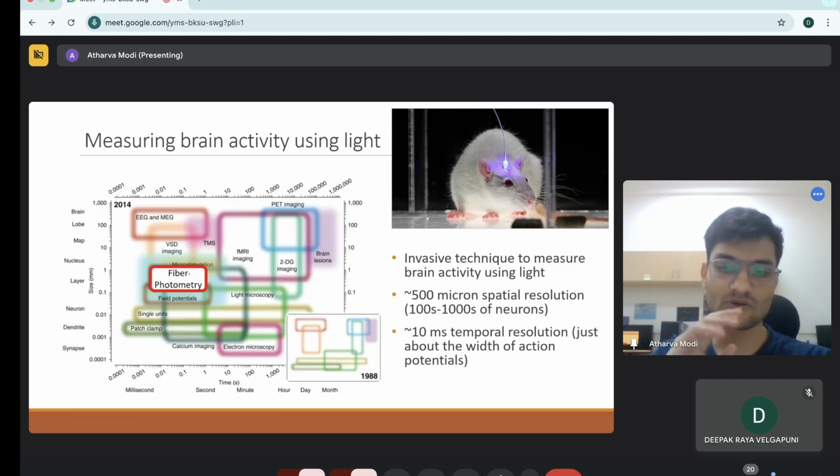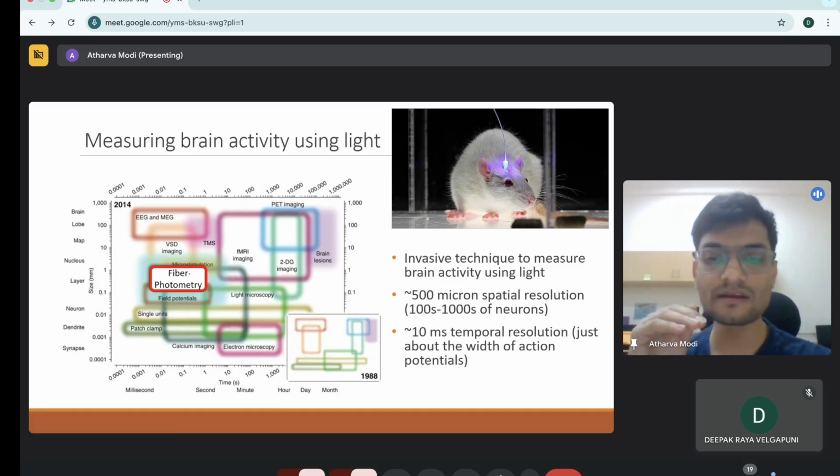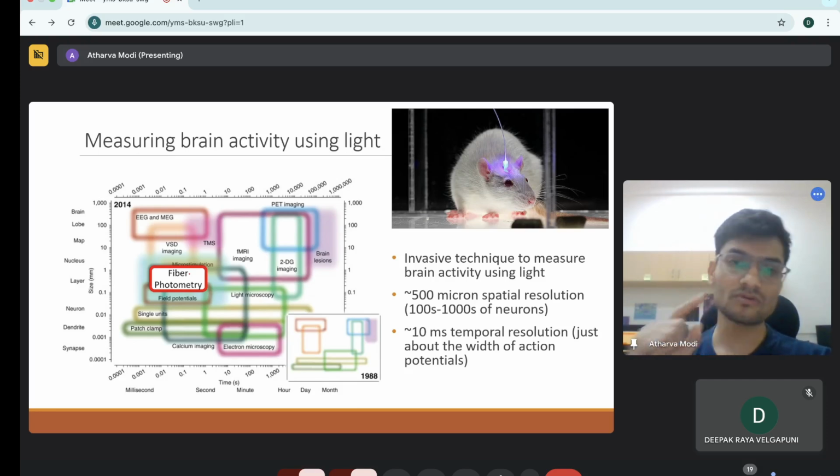So it gives us quite good temporal resolution, and the spatial resolution also can be improved, which I will mention how we do that, to individual cell levels. This technique in general is very lightweight on the animal's head, light hardware and light data, to measure brain activity.